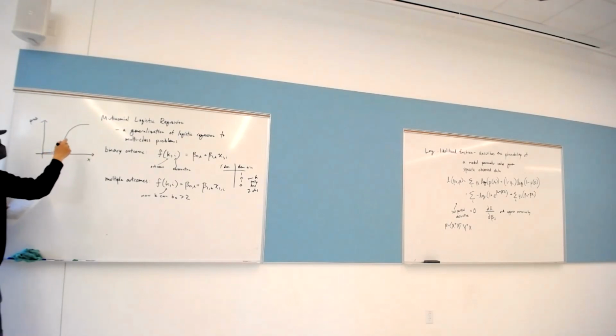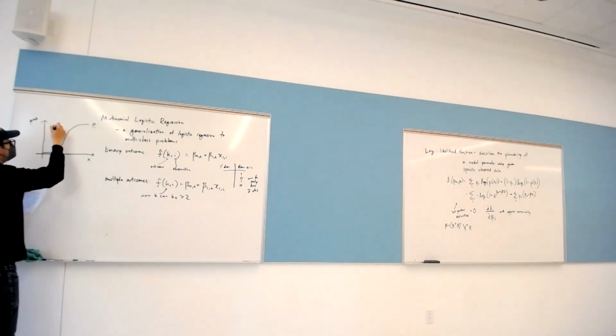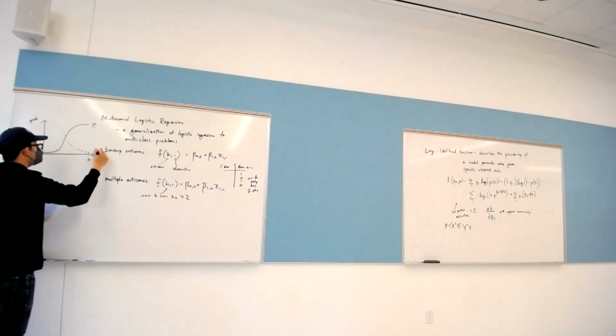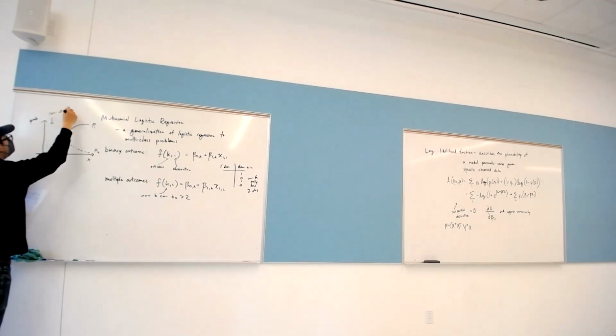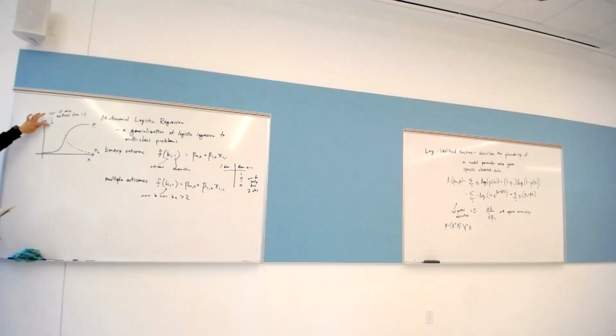And if this is for P of 1, we know that there's a corresponding second one that looks like this, P of outcome 2, and the sum at any vertical line equals 1. The probability of this plus this, or here plus here, should always equal 1. And that's kind of the guide for multiple outcomes.